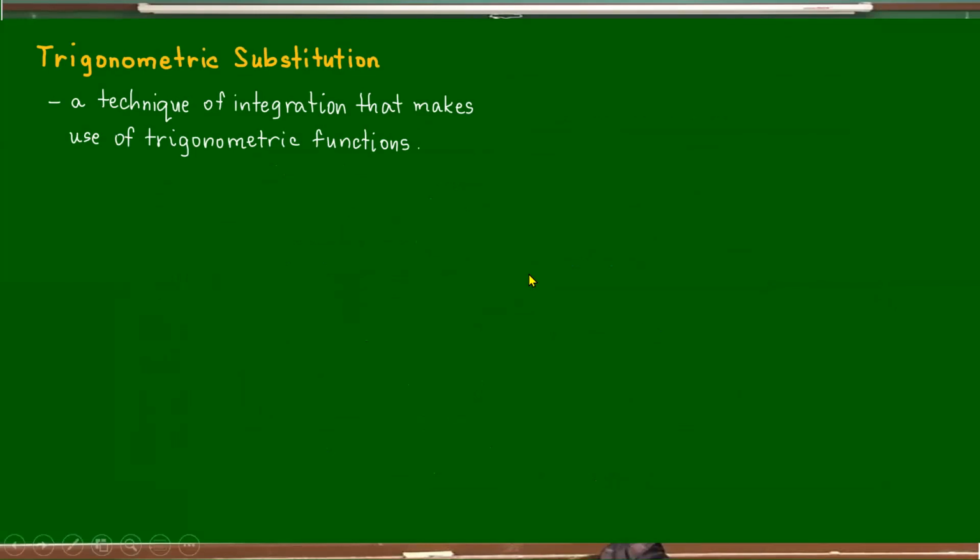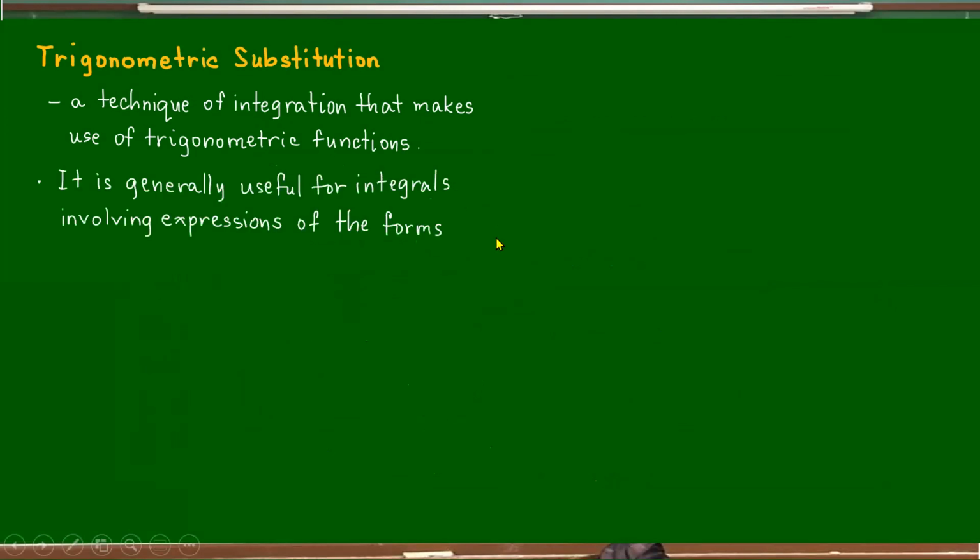Trigonometric substitution is a technique of integration that makes use of trigonometric functions. It is generally useful for integrals involving expressions of the forms a squared minus u squared, where a is a constant, normally taken positive, and u is a function, let's say of x, but it can be in terms of y, w, any letter.